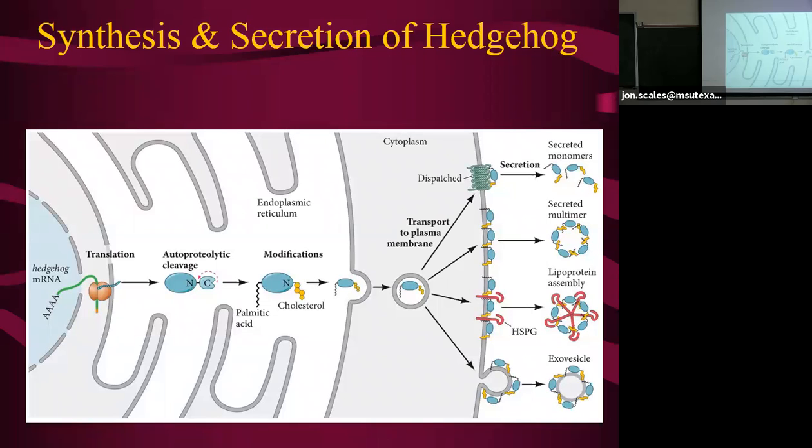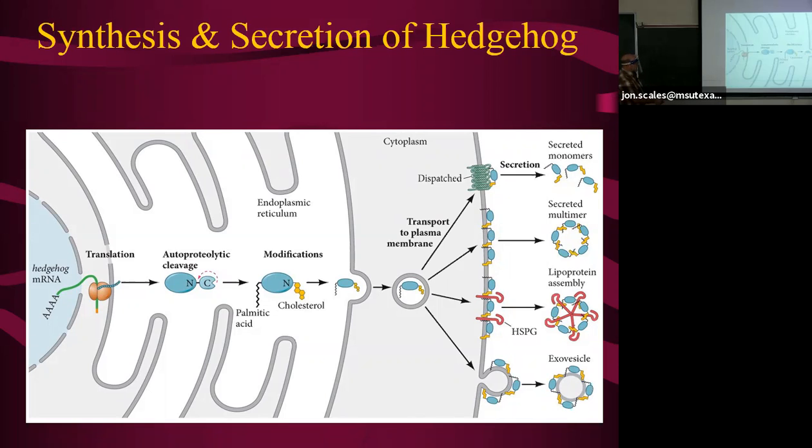Now, the hedgehog pathway was really hard to work out. Part of that was because it's one of these signaling molecules that is very limited in its range to only maybe 1 cell diameter or 2, or very few anyway.